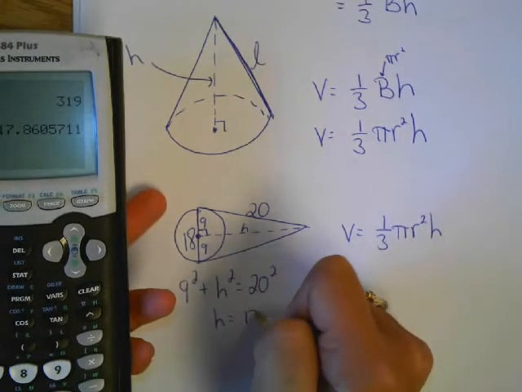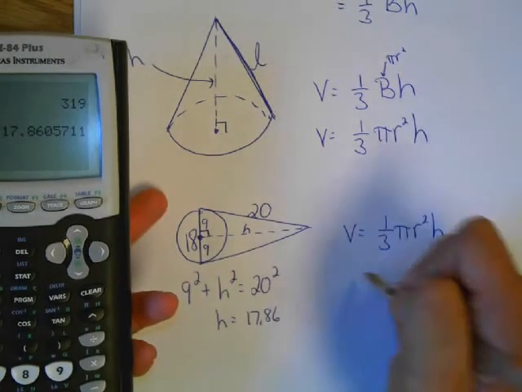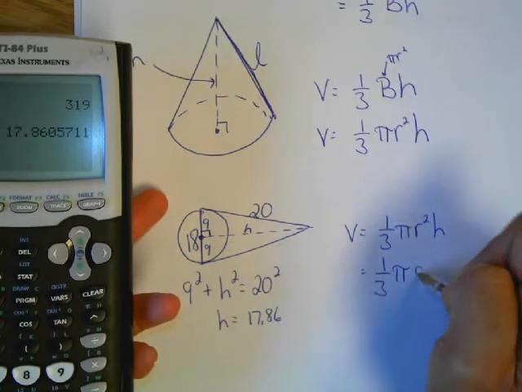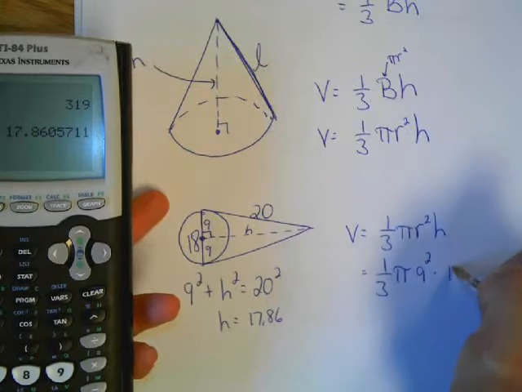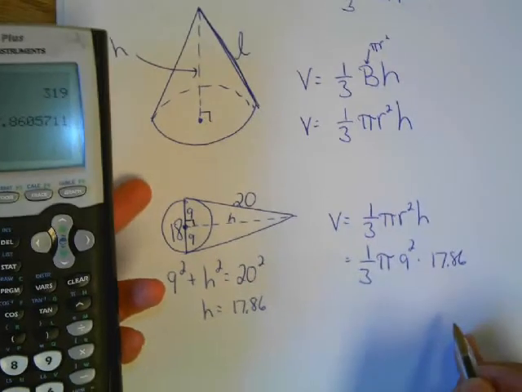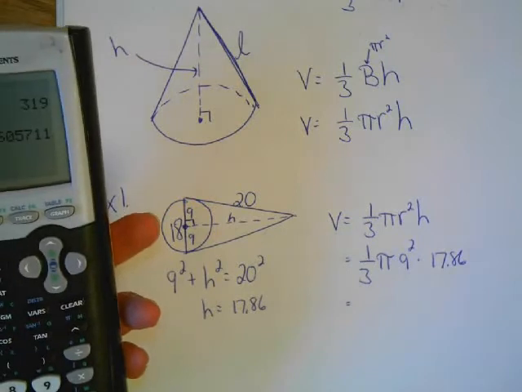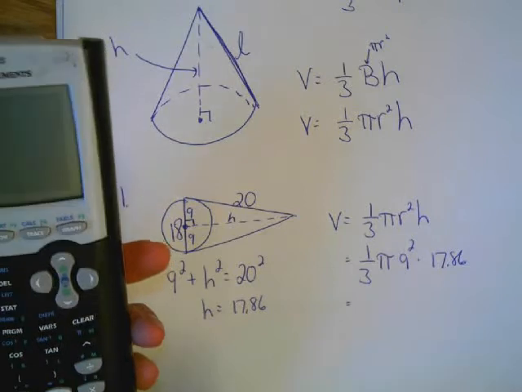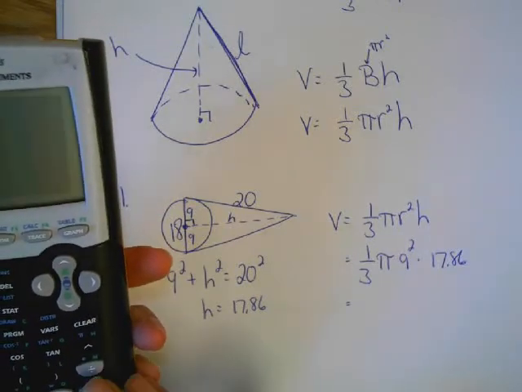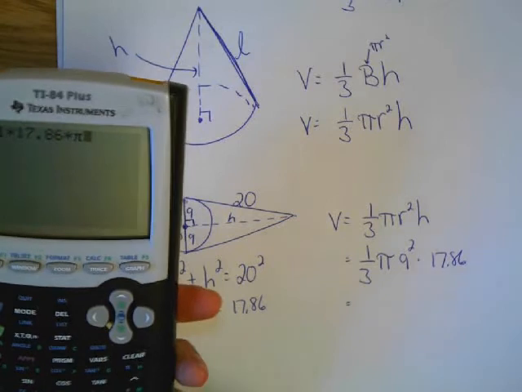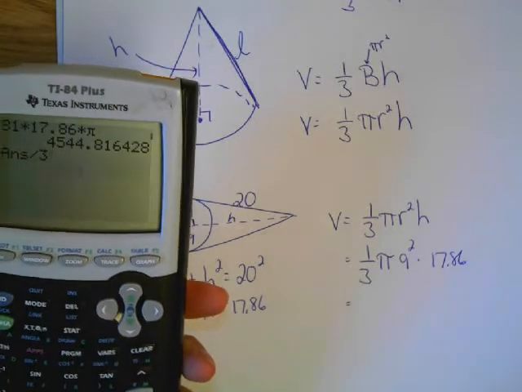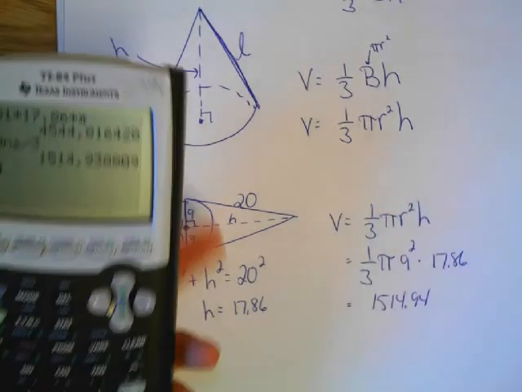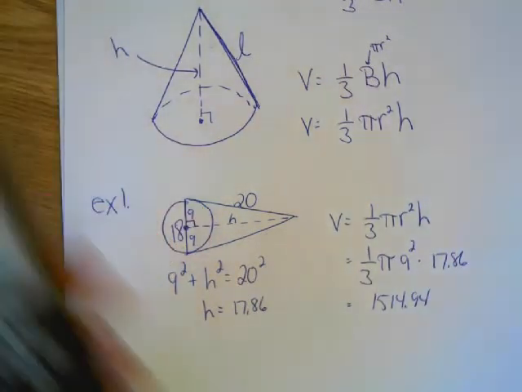So the height is 17.86, and now it's 1/3 pi 9 squared times 17.86. So let's go 81 times 17.86 times pi, divide by 3, 1514.94. Okay.